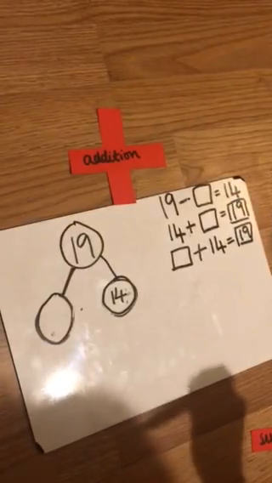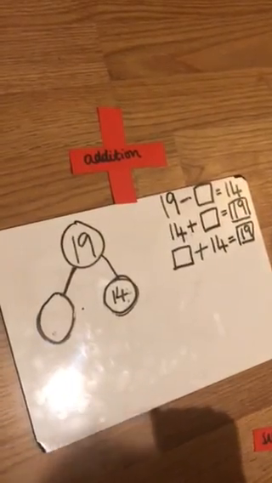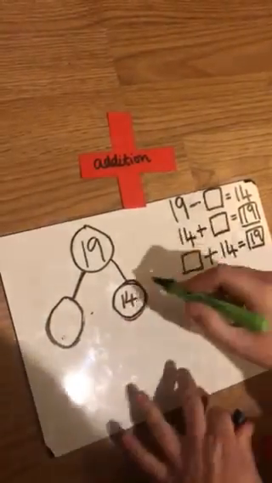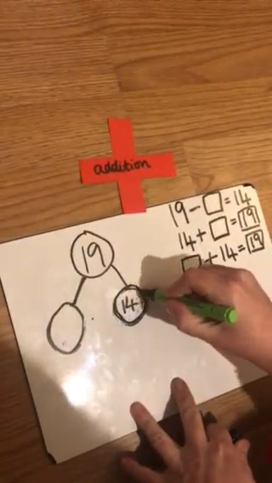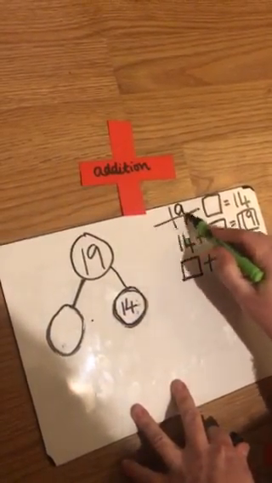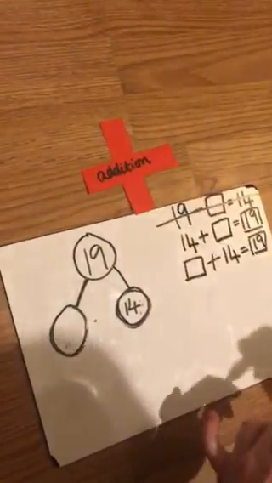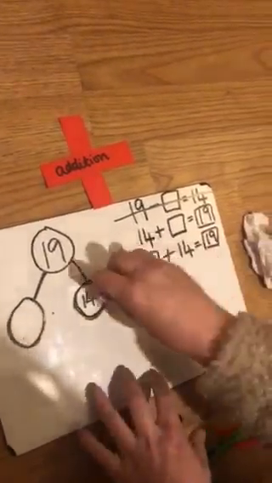So let's make up our number 14 in here. So instead of counting backwards, we're going to be counting forwards now because we are adding. So let's cross that out. So we're not subtracting anymore. We are adding. So we're going to put our 14 in here.